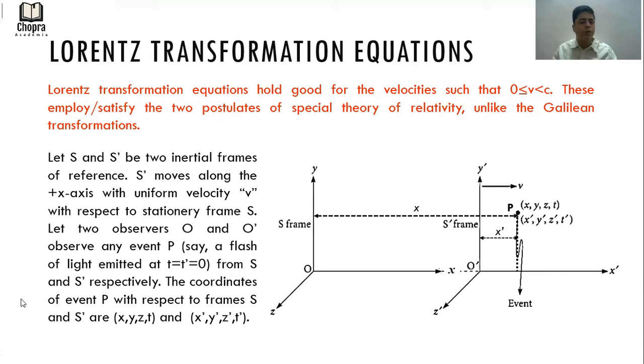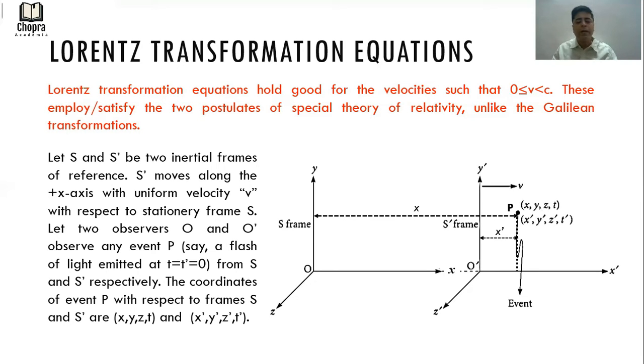The coordinates of P are x, y, z, t with respect to S, and x dash, y dash, z dash, and t dash with respect to observer O dash in frame S dash. The diagram remains the same, just that we are calling the event a flash of light now.